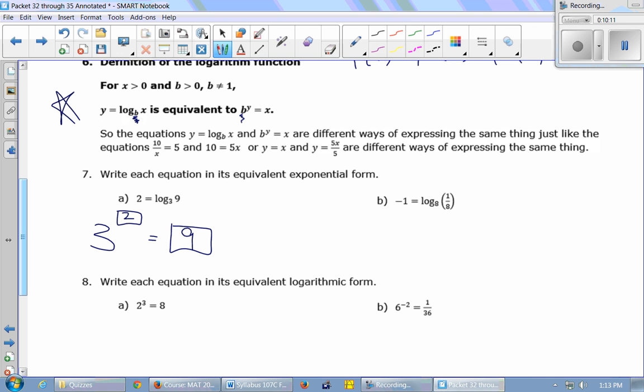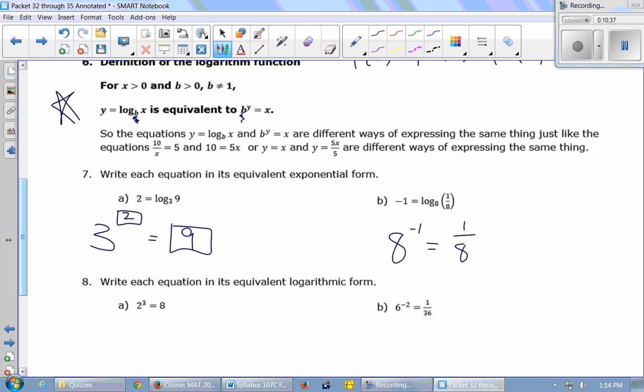All right, let's do another one. My base is 8, right? And I have to raise 8 to some power and get an answer. So which one of the remaining two numbers, -1 or 1/8, is my power? -1, and that equals 1/8. Is that true? Yeah. Okay.